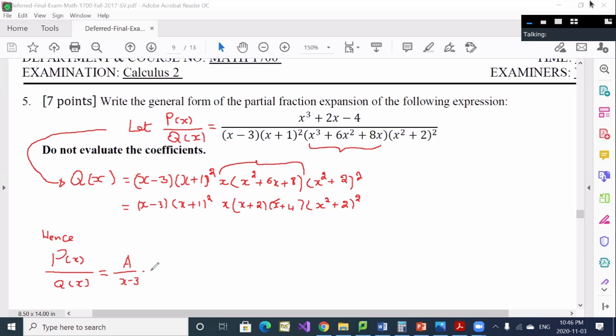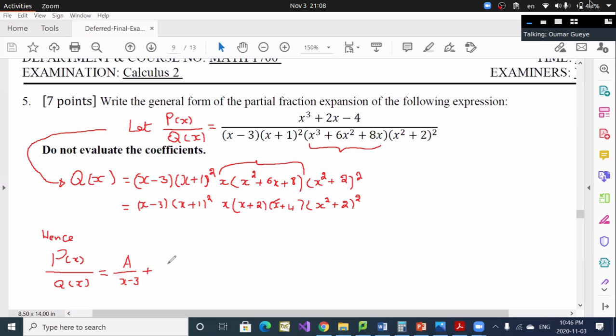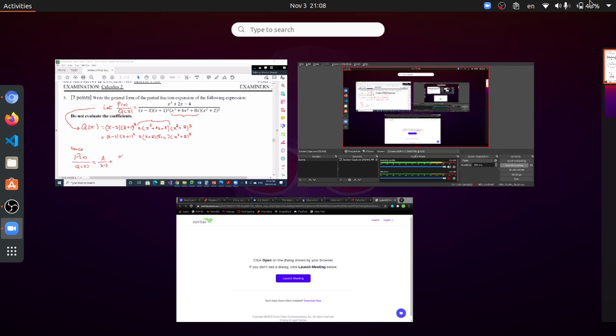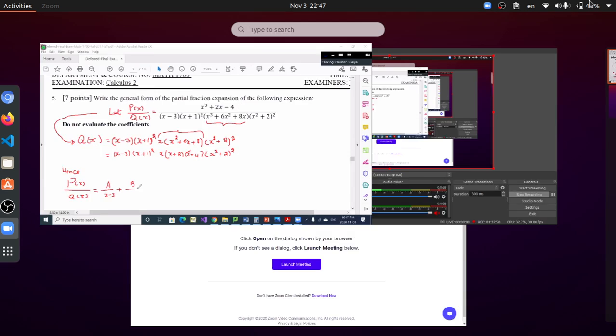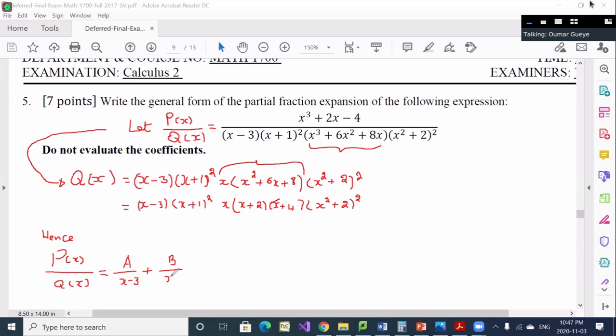Plus now, from the second linear factor here, this linear factor is repeated twice. So it means it generates two terms. I'm going to call the first term B over x plus 1, plus this one, I'm going to call it C over (x plus 1) squared.